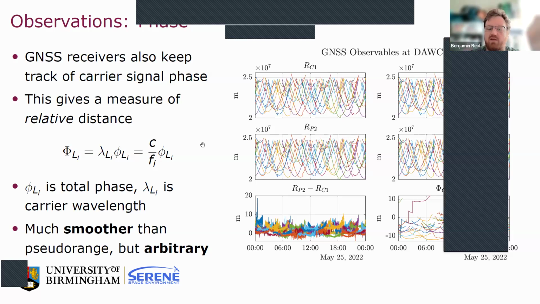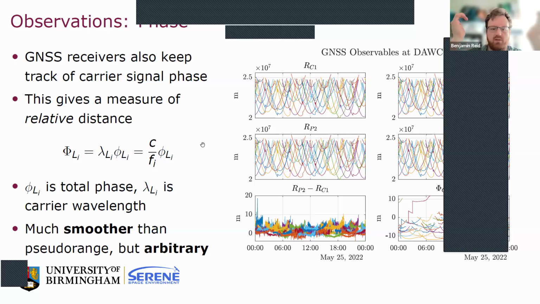So phase is nice because it's very smooth, right? You don't get nearly the same amount of multipath error. They generally have a lot fewer errors. You don't have this correlation problem. It's very nice and smooth. The problem is that it's completely arbitrary, right? You could be off by millions of kilometers equivalent, or millions of ionospheres, and it has no idea.